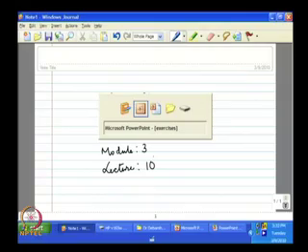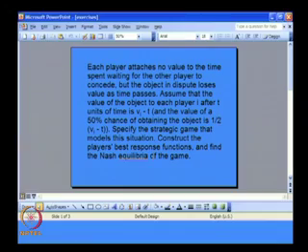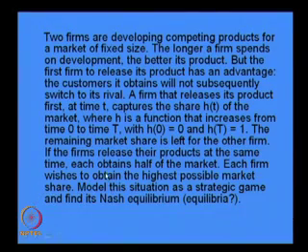So, one exercise that we want to do, a real life application, is the following. Two firms are developing competing products for a market of fixed size. The longer a firm spends on development, the better its product. But the first firm to release its product has an advantage.